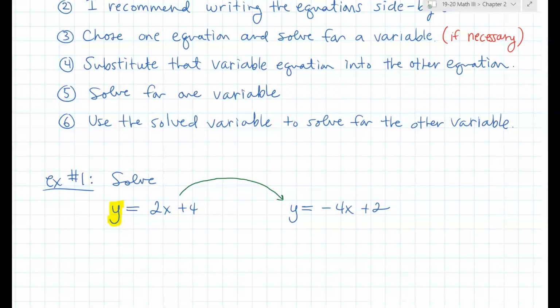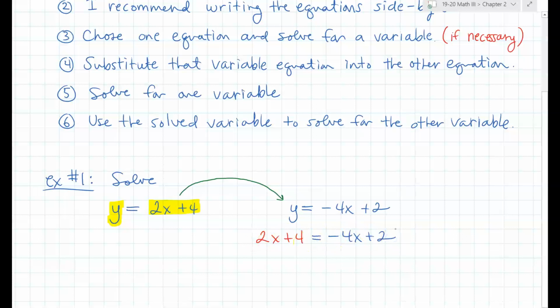Where the y is in the other equation, I'm going to replace that with 2x plus 4. So that is going to go where the y is. So here we go. I'm just going to write that in. 2x plus 4 is equal to negative 4x plus 2.